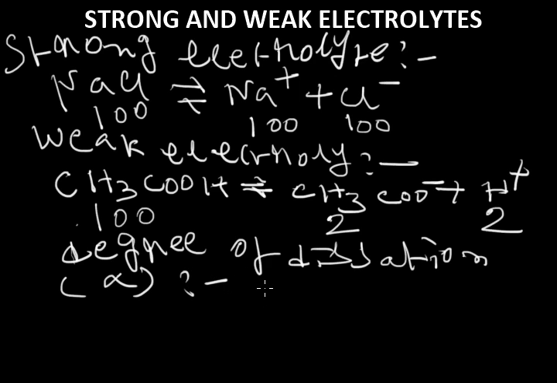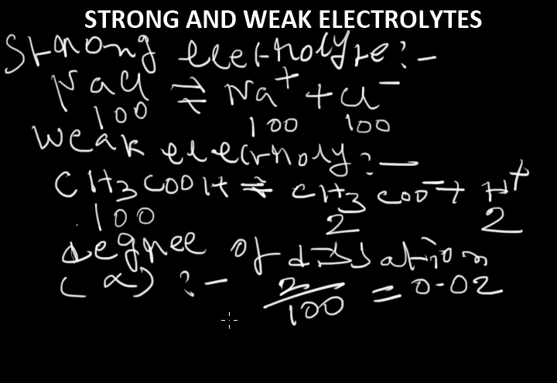The fraction of weak electrolyte which gets ionized in aqueous solution is called degree of dissociation. Actually, if we consider the previous case, the degree of dissociation of acetic acid is 2 divided by 100, that is 0.02. This is degree of dissociation of acetic acid.